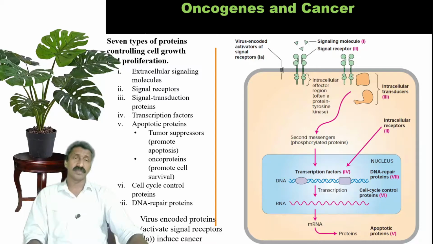But normally these are apoptotic proteins or other cellular proteins which will have normal functions in the cells. So here you can see that the control of cell growth may be by influencing various stages, starting from the cell signaling to finally the production of apoptotic proteins.